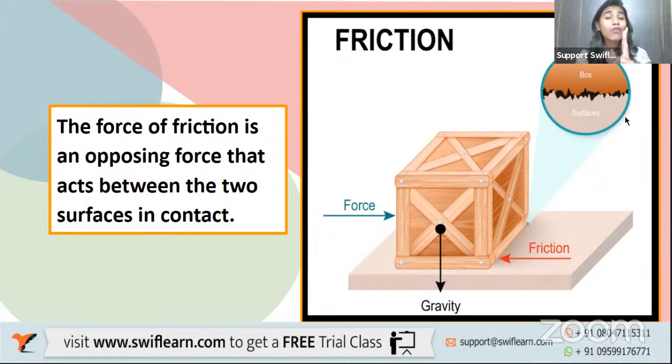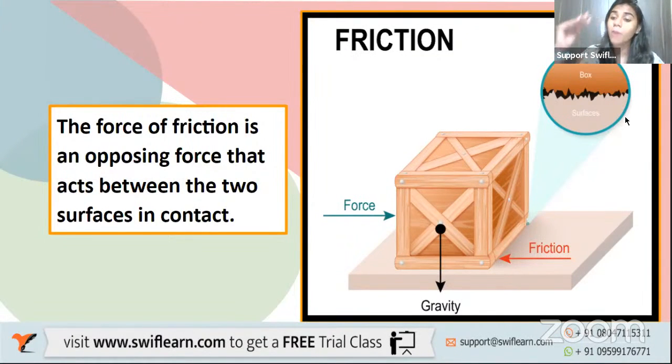So frictional force is a type of contact force. That means frictional force will not work unless both the objects are in contact with each other. If a ball is rolling over the ground, the ball is the object and it has to be in contact with the ground.